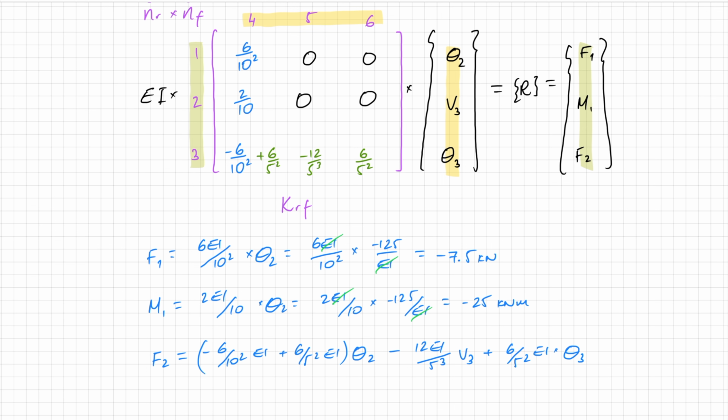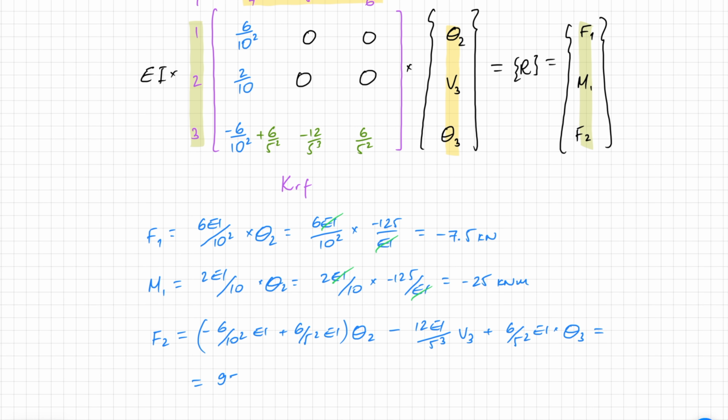If I do that, I get 9EI over 50 times minus 125 over EI. Then I have minus 12 over 5 cubed EI times minus 1041.67 over EI, and I also have plus 6EI over 5 squared times minus 250 over EI.